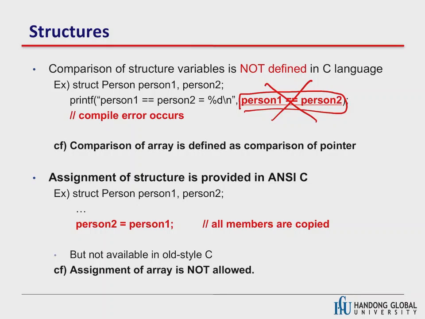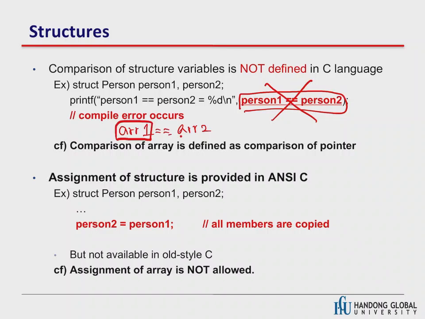Now think about two arrays, array1 and array2. If we compare these two, we are not actually comparing the elements of the arrays. We are actually comparing the addresses of these two arrays.